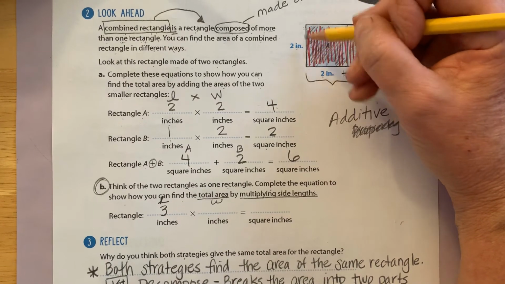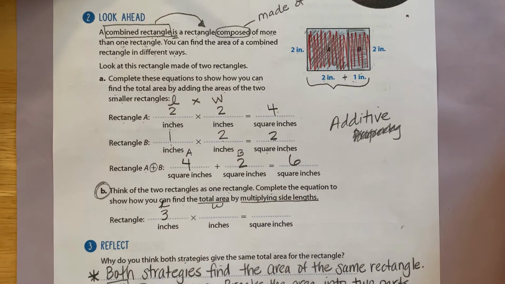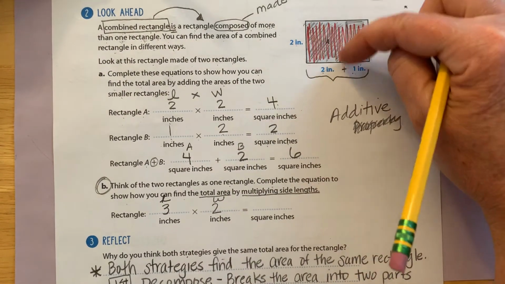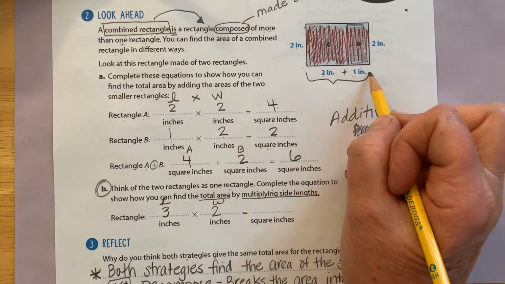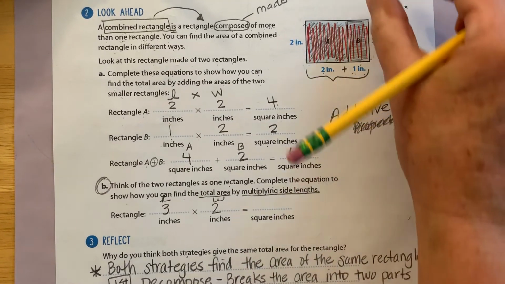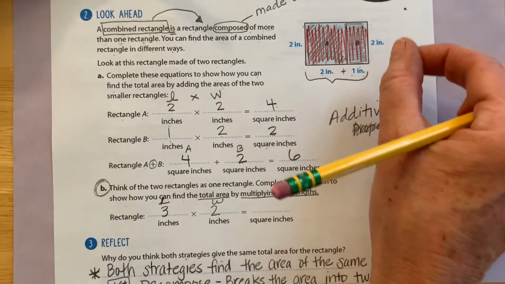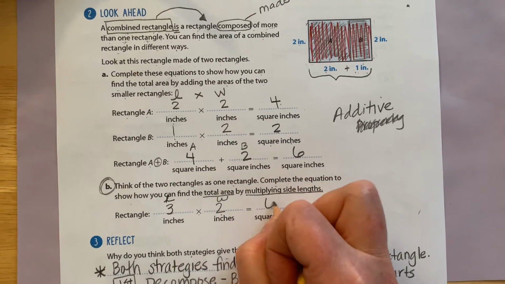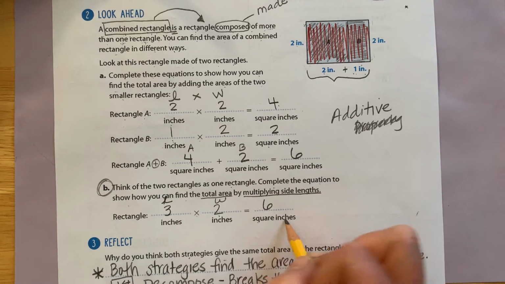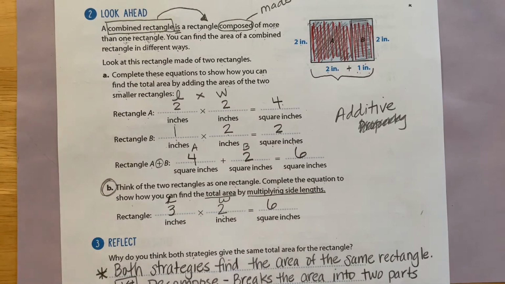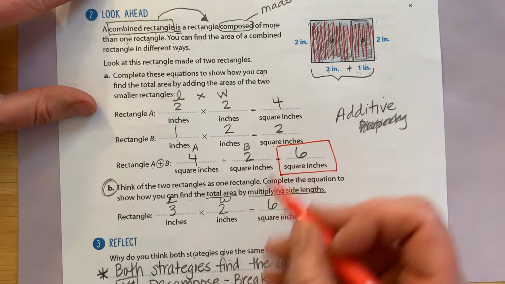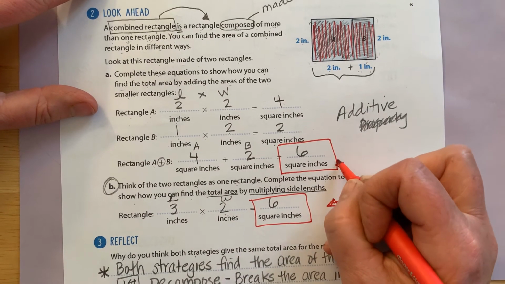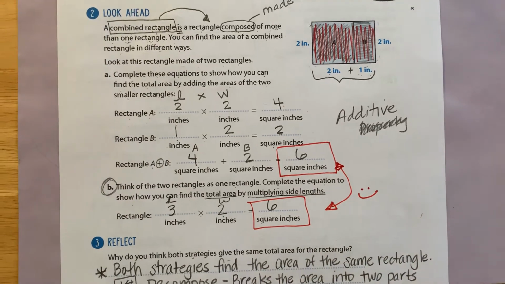The width is still 2. Did that change? No, because we didn't add anything to the width. We only added the length, because notice that we kind of moved it, it just got pushed together over there. 3 times 2 is 6. So 6 square inches. Notice that I have the same answer, 6 square inches and 6 square inches. These two are the same. And since they are the same, we did it right.